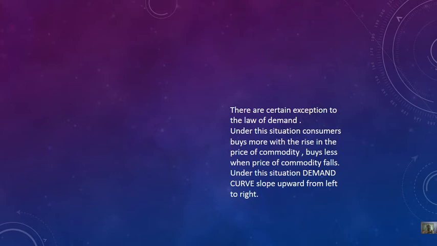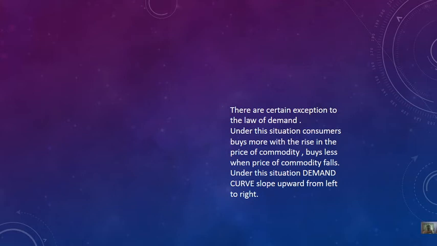What is meant by exception? There are certain situations under which, in particular circumstances, the consumer buys more with a rise in the price of a commodity, and the consumer buys less when the price of the commodity falls. Under this situation, the demand curve slopes upward from left to right.